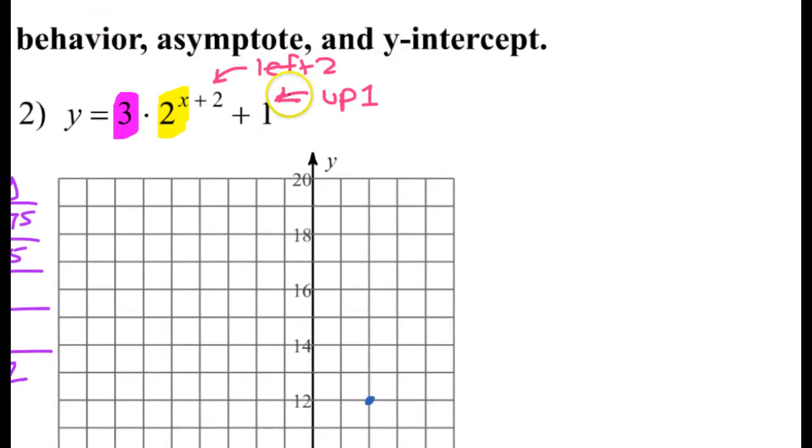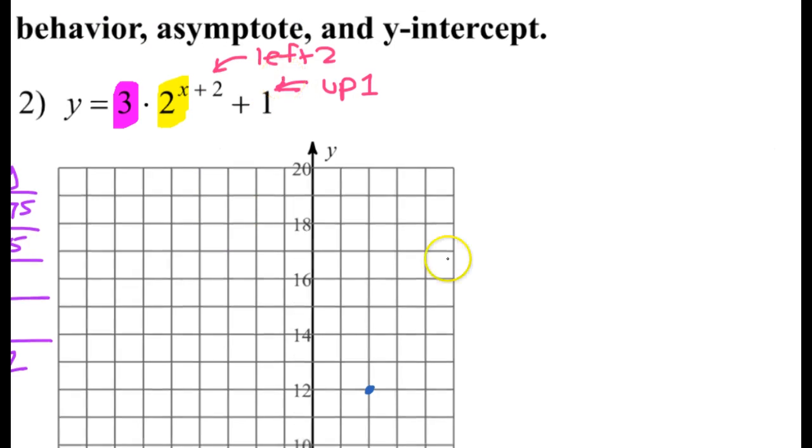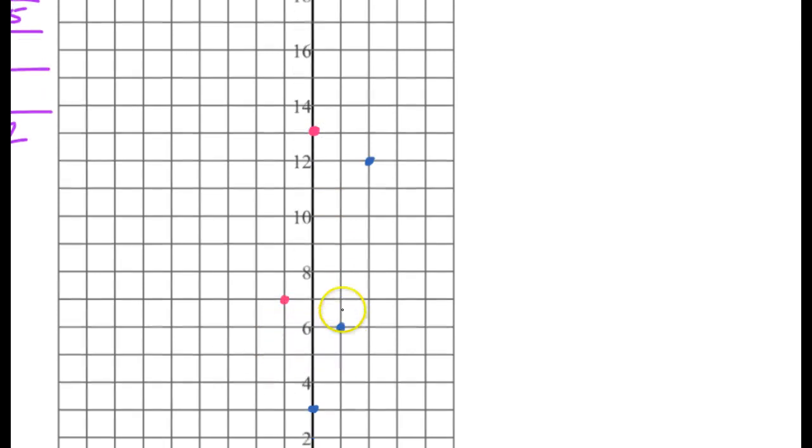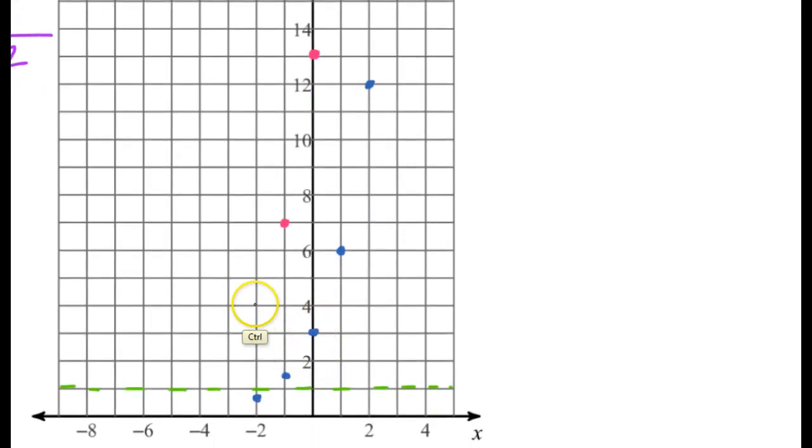Okay, so I'm going to take all of my dots and move them left 2, up 1. Okay, so left 2, up 1, left 2, up 1, left 2, up 1, okay, left 2, up 1, and left 2, up 1.